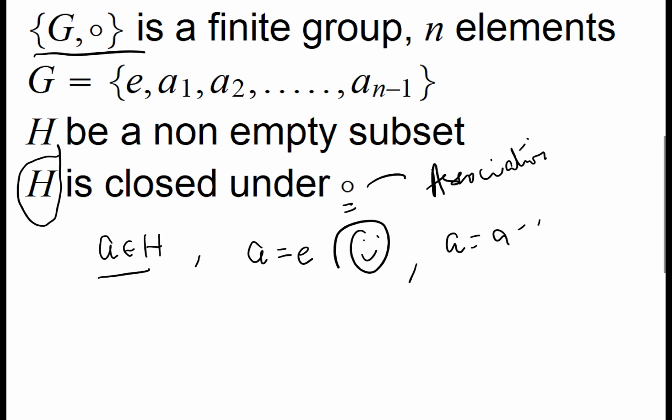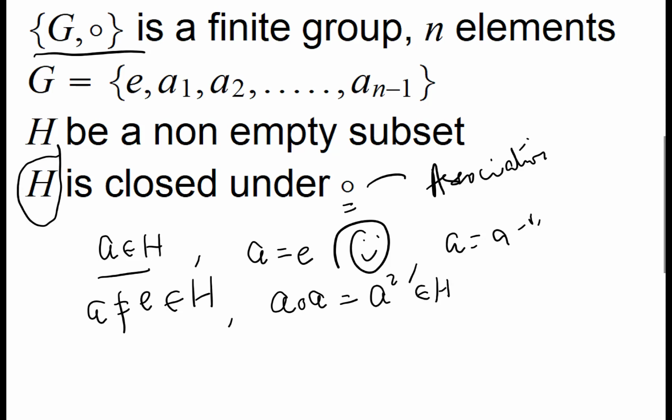So for any A, I have the A inverse. Now let's say we have A different from identity. Then in that case, you can see if you take A squared, then that will be in H. If that is not the identity, you can again take A squared times A, that will be in H.